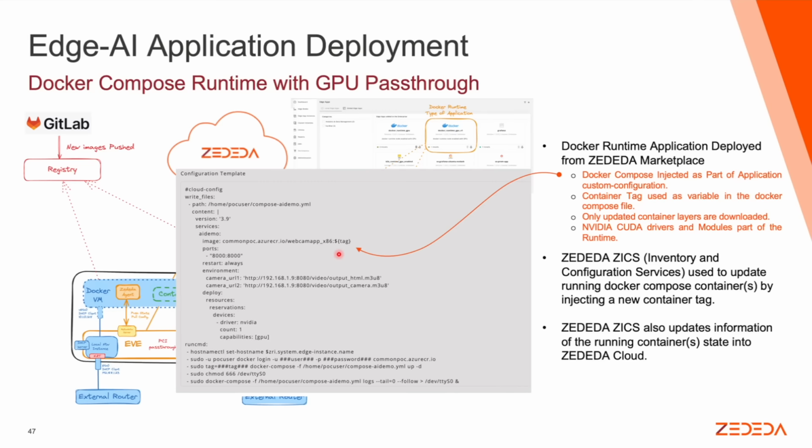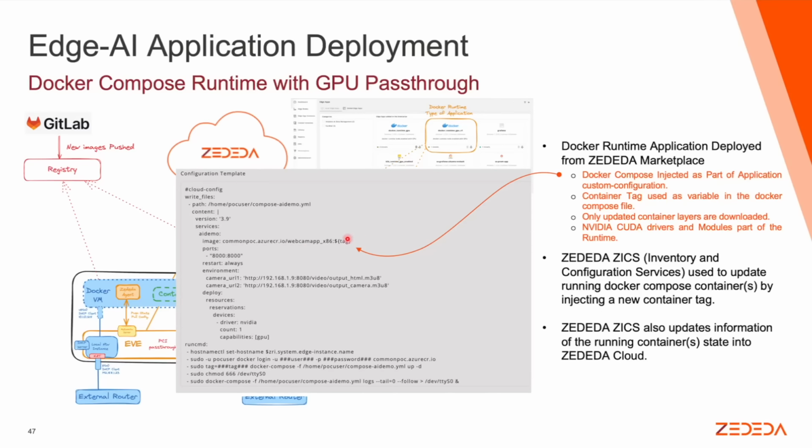Okay. Does ZIX comprehend rollback as well? Yeah. So with this, we can push updates into the runtime. We can just change the tag or get state, so we can update and roll back the tags or versions of these containers running in the runtime.